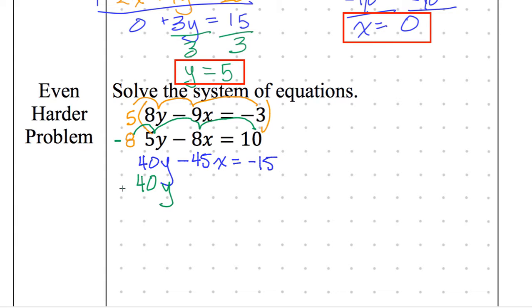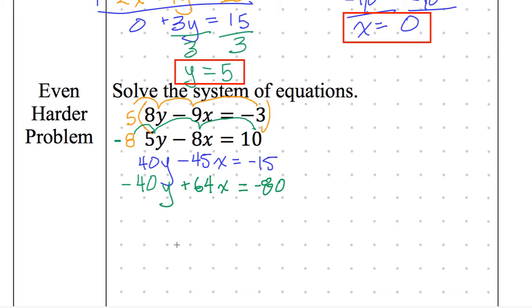So if I distribute a negative 8, now it's a negative 40. Look at this. I can just add these straight down and they will eliminate the y's. What's a negative 8 times a negative 8? Positive 64x. And I'm going to have to say negative 8 times 10 is a negative 80. There it is.